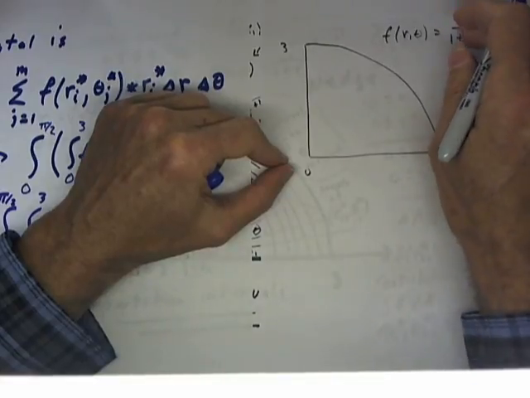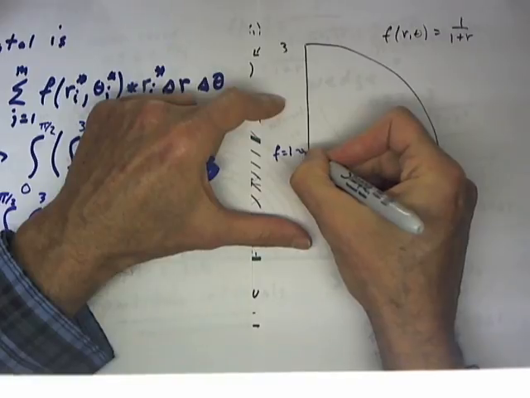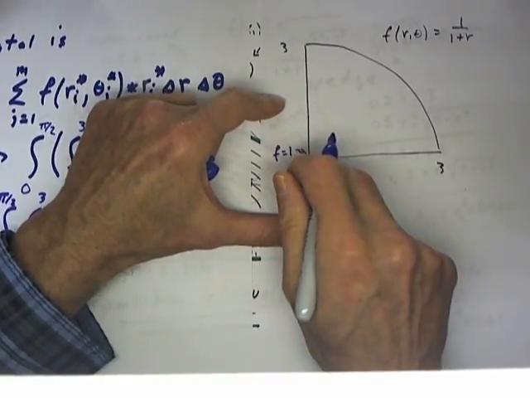If r equals 0, 1 over 1 plus r is just 1. So our function f takes value 1 at this point.